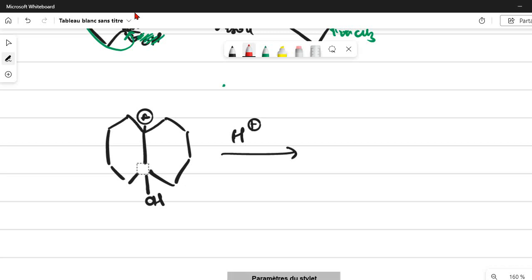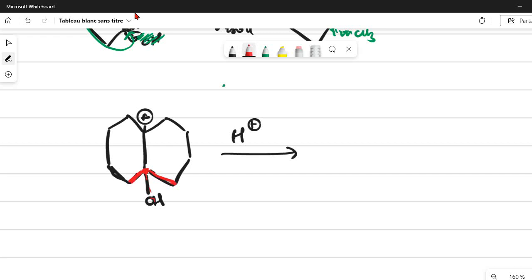This positive charge is going to be attacked by a substituent. This carbon that holds OH has this one and this one.